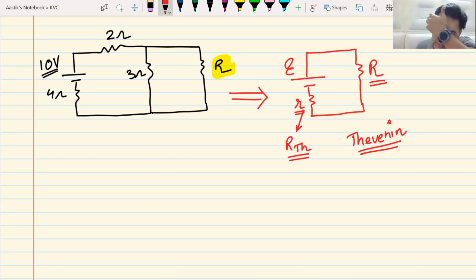Now, how do I get this? R Thevenin is this. What I do is I find the equivalent resistance across these 2 points.